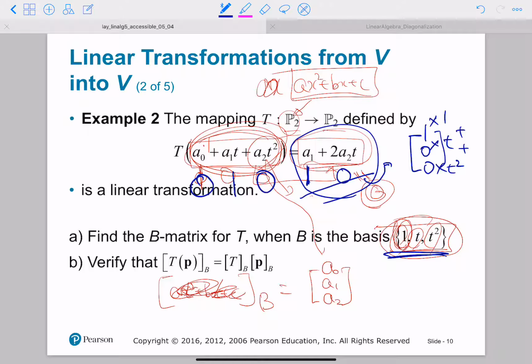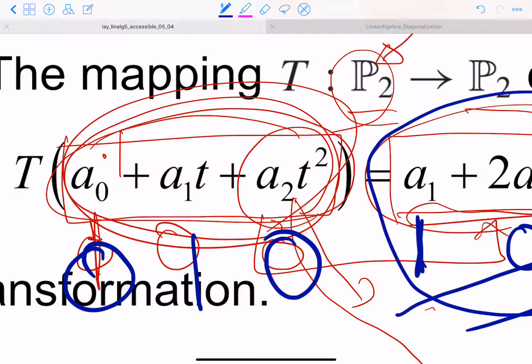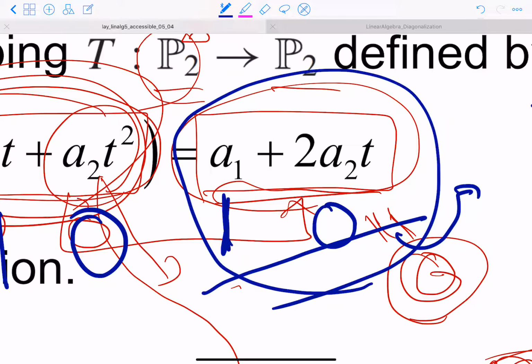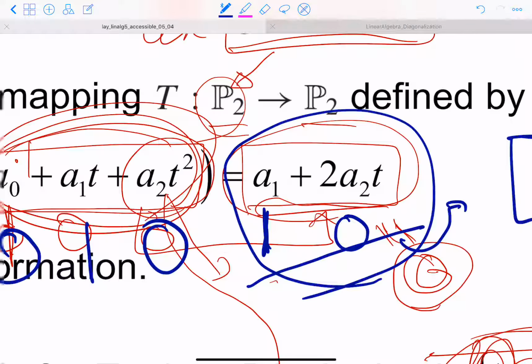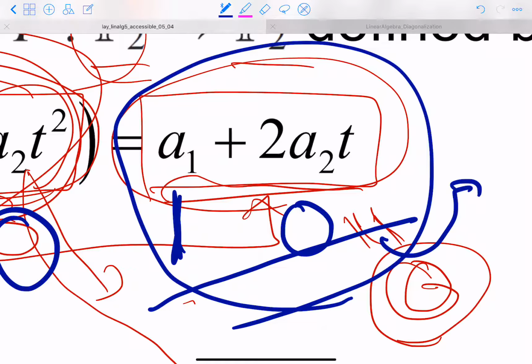Again, in this input representation, we just use the B coordinate 0, 1, 0, which corresponds to just t. And if we plug in a0, a1, and a2 over here, we obtain 1 plus, and a2 is 0.